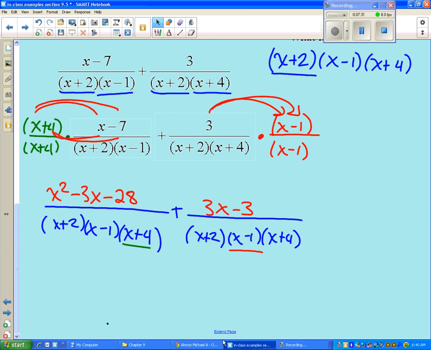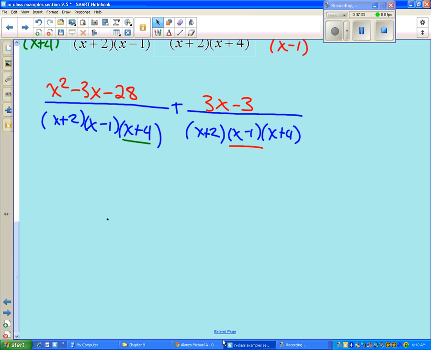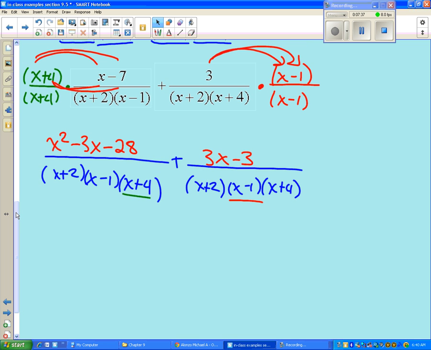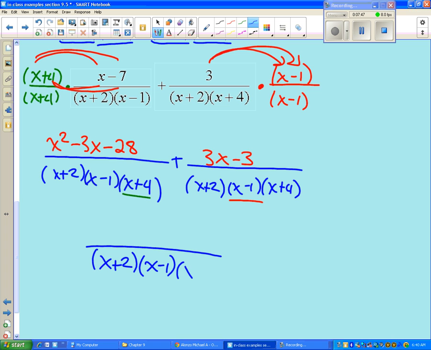Now I can write this as one fraction with one common denominator of x plus 2, x minus 1, x plus 4. My numerator is x squared minus 3x minus 28 plus 3x minus 3.